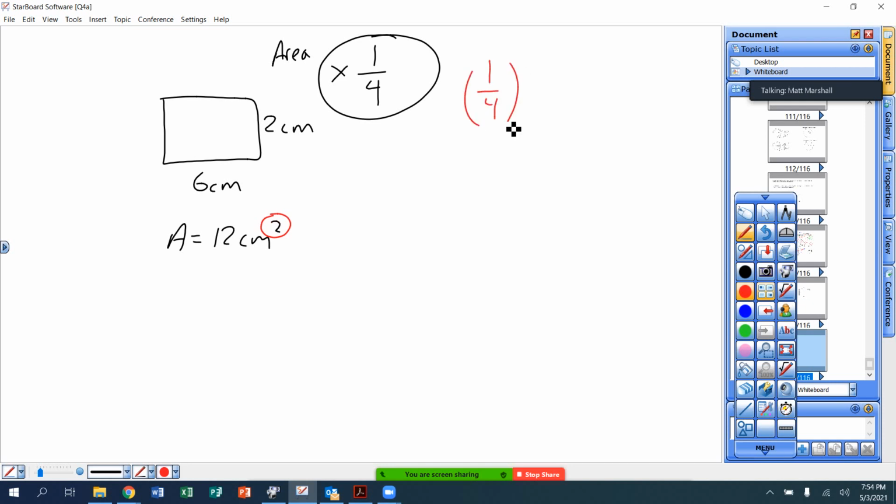Yes, ma'am. So if you were to take that shape, that area 12 centimeters squared, and shrink it by a scale factor of 1/4, that means what you're really doing is taking that 1/4 and squaring it, and then timesing that number times 12.